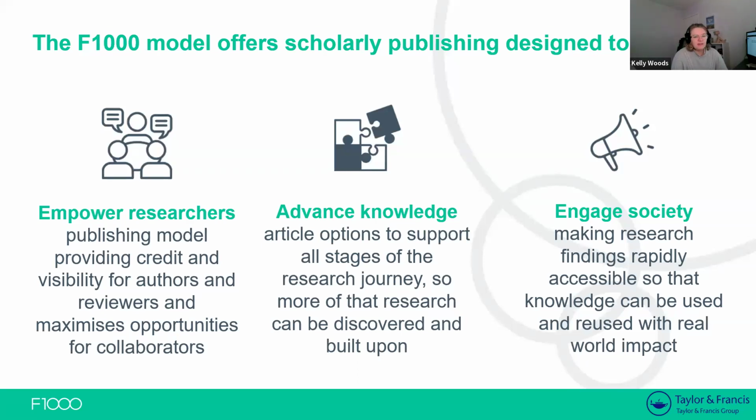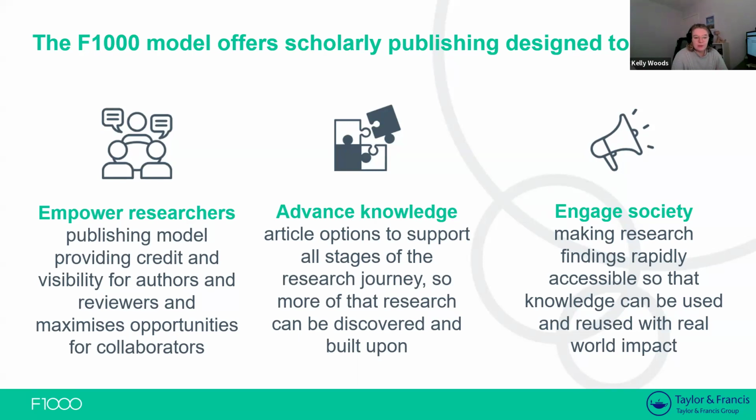So originally, the F1000 model was designed to empower researchers by providing a publishing model that gives credit and visibility for authors as well as reviewers. I'll talk a little bit later, but we operate on an open peer review model. So the names and institutions of the reviewers are published alongside the article, alongside their full review as well.